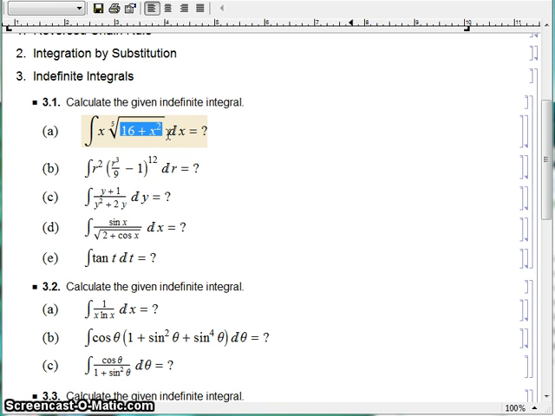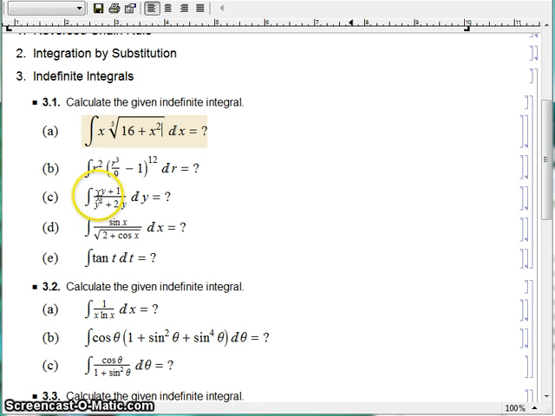And typically what we are going to do is substitute 16 plus x squared by another character and go from there. The main idea is of course the chain rule, and the substitution technique is there to help us out.